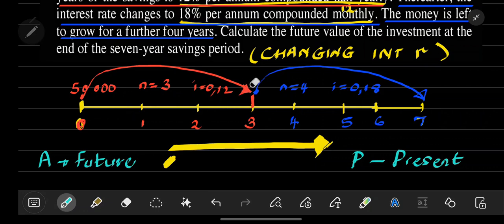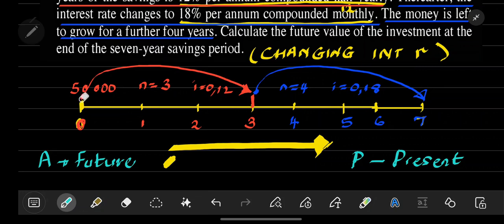But the future of the red part will be the present of the blue part, because the blue part starts where the red part ends. So when we start this new transaction, what will be our P? Our P will be the future that we got on the red part.